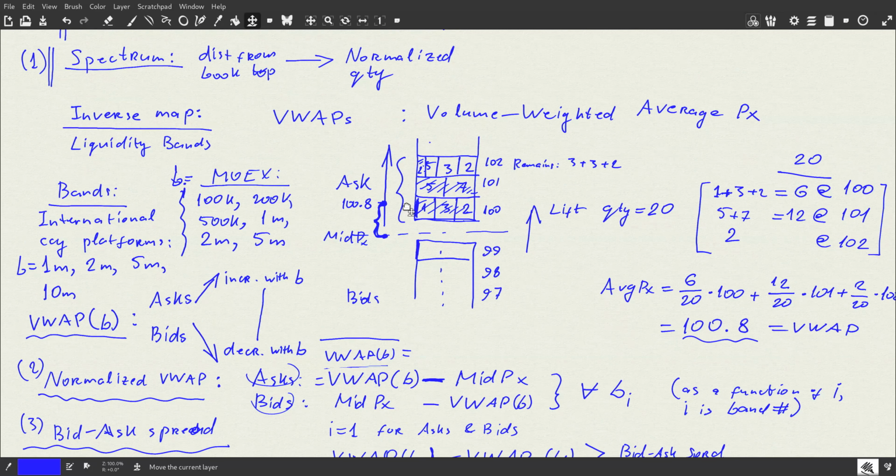So how have we constructed the normalized quantity so far? The normalized quantity was the quantity at level J divided by the total quantity at 50 levels. That's how we did it, all right?